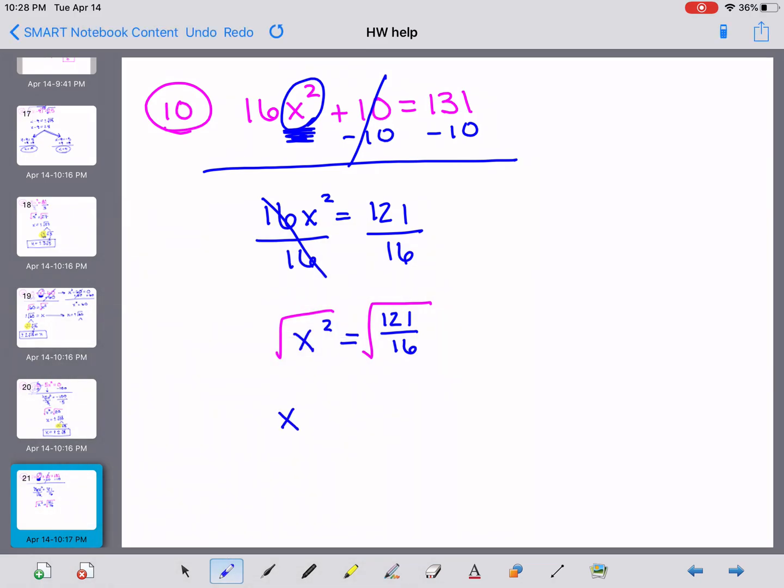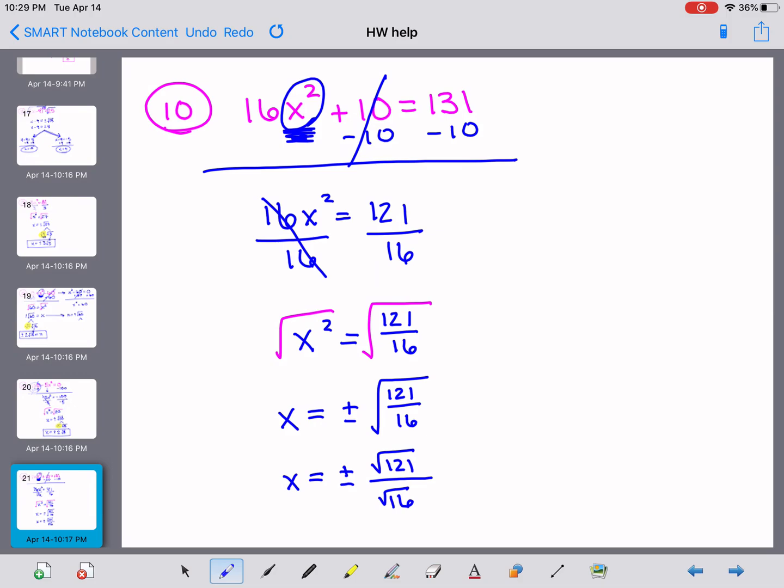On the left, it gets x equals. Always add a plus or minus as soon as you take the square root of both sides. The square root of 121 over 16. Now, with fractions under a radical, the rule is that you are allowed to break it up into a radical on the top and a radical on the bottom.